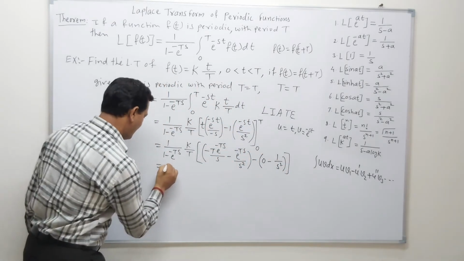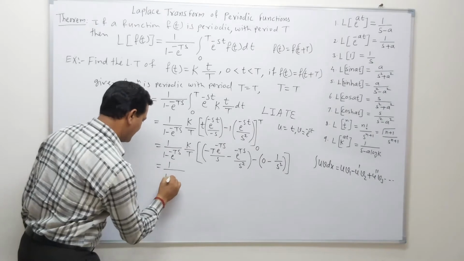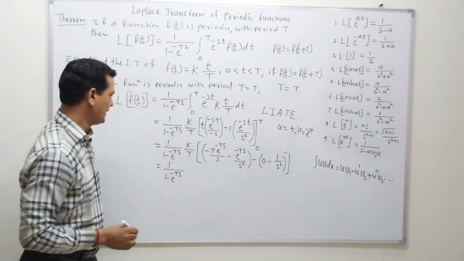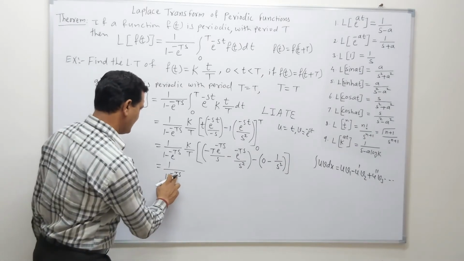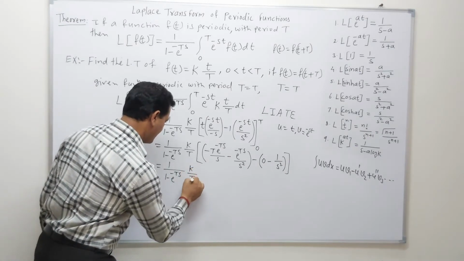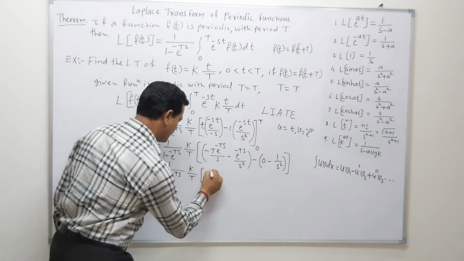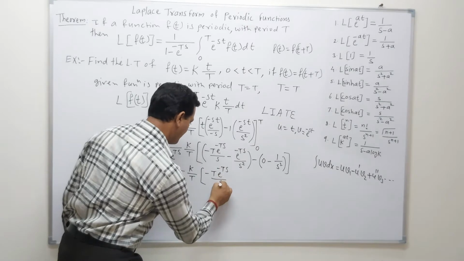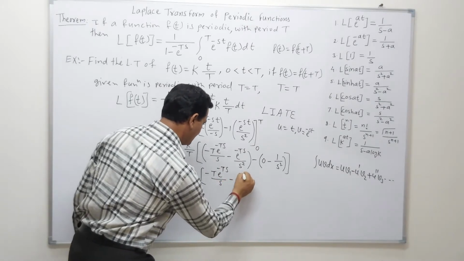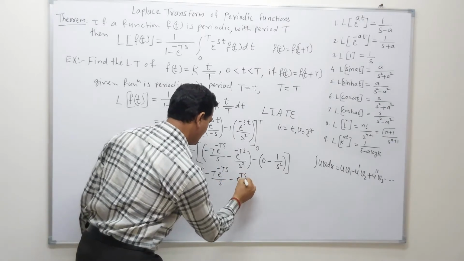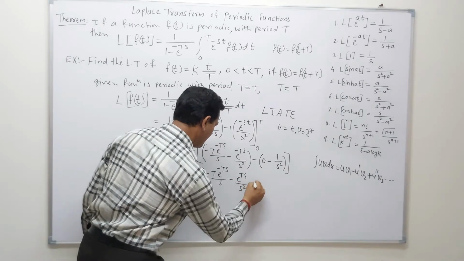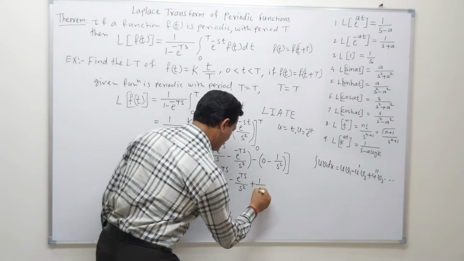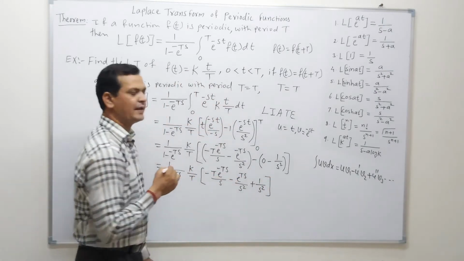Now once again simplify this term for our understanding, or for getting a clear result. 1 upon 1 minus e raised to minus Ts, then k upon T. So in the bracket we get minus t e raised to minus Ts upon s, minus e raised to minus Ts upon s square, and this is minus minus plus, so we can write this as 1 upon s square.